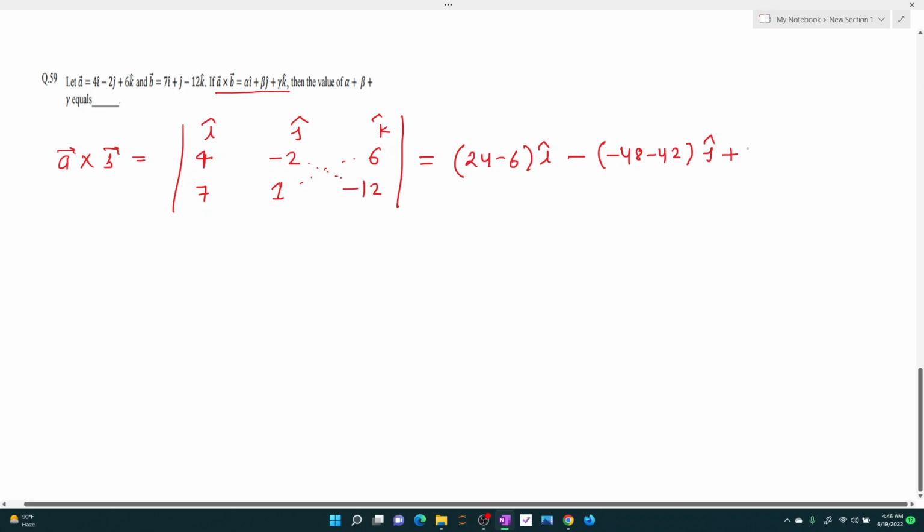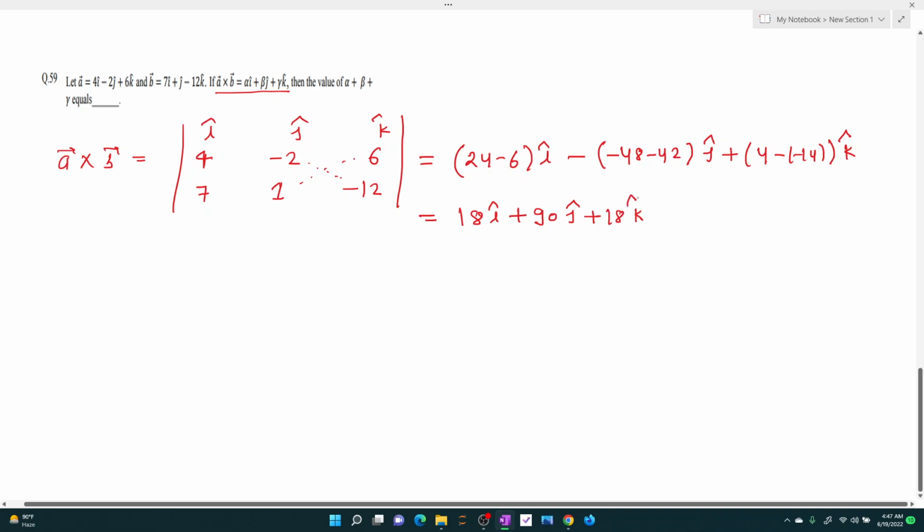So this will become nothing but 4 minus and minus 14 and k cap, right? So this is coming out to be 18 i cap. This will become minus, become positive 90 times j cap, and this will become plus 18 times k cap.